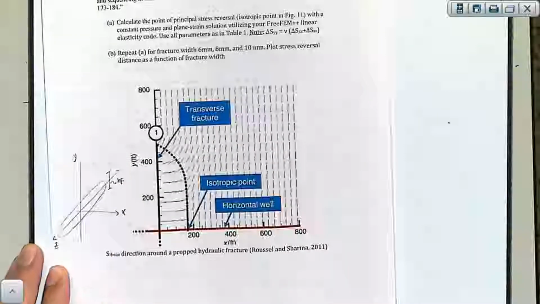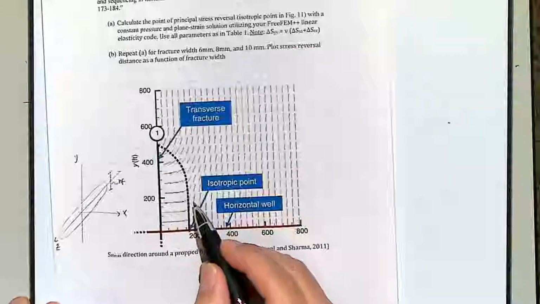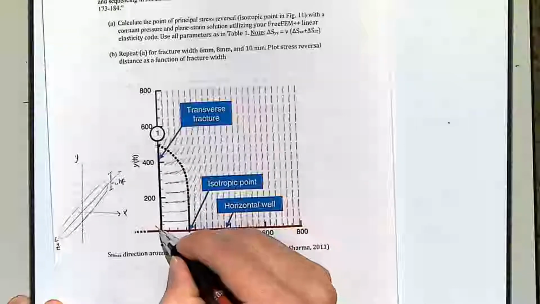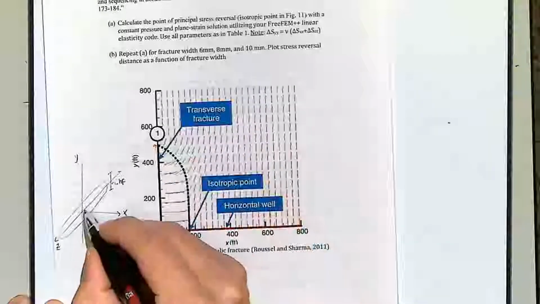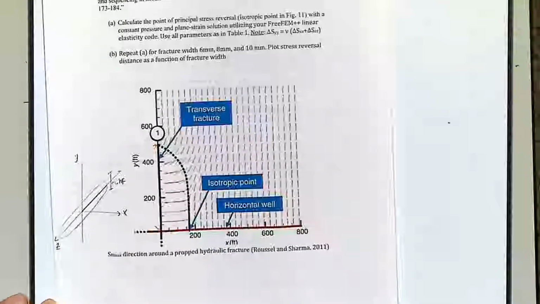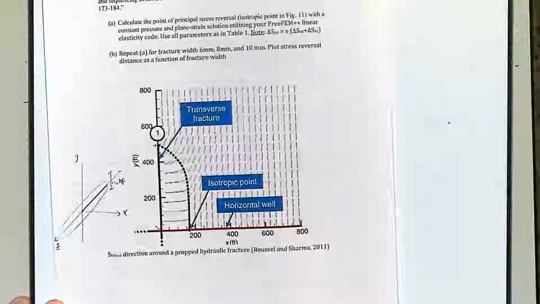Let me use some color for that. This line from here to over here is that line over there. Now you see the color a little bit better.